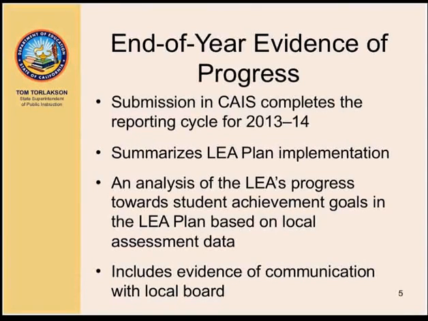Ideally, this documentation would include an agenda and minutes. However, some LEAs may not have the opportunity to present the findings to their local governing board before the September 30th deadline. Please be aware that we will accept an agenda for a future board meeting as documentation to meet the third requirement on your evidence of progress.